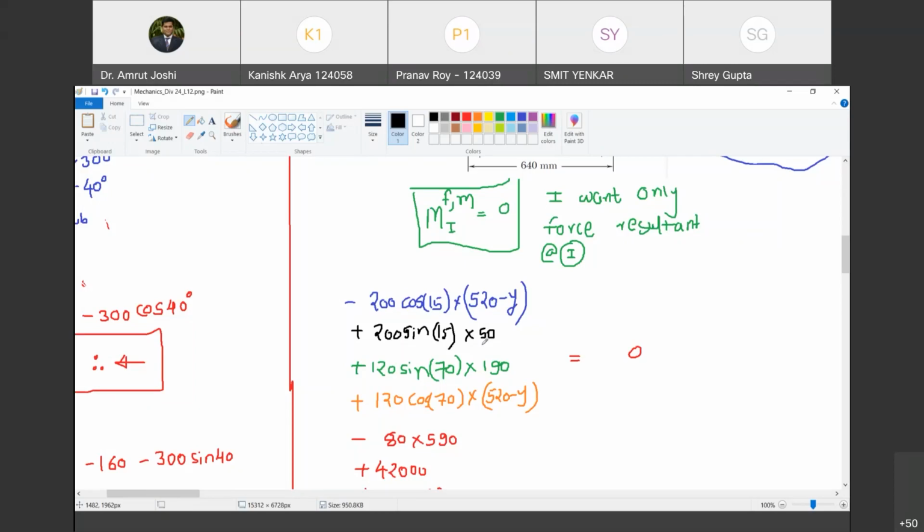You got it? Yes, sir. How did you solve? I solved by individual substitution, sir, adding all the non-variable terms and then adding the variable terms. Traditional method. Okay, fine. Alpha y. Let me cross verify, then we will write it. Are you with me? Yes, sir. So minus 80 into 590 plus 42,000 plus 40,000 alpha equal to 0, shift solve.